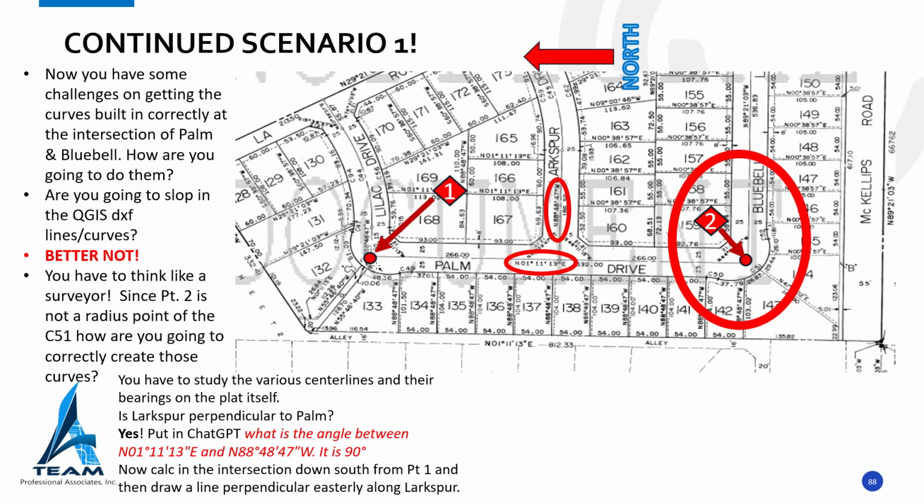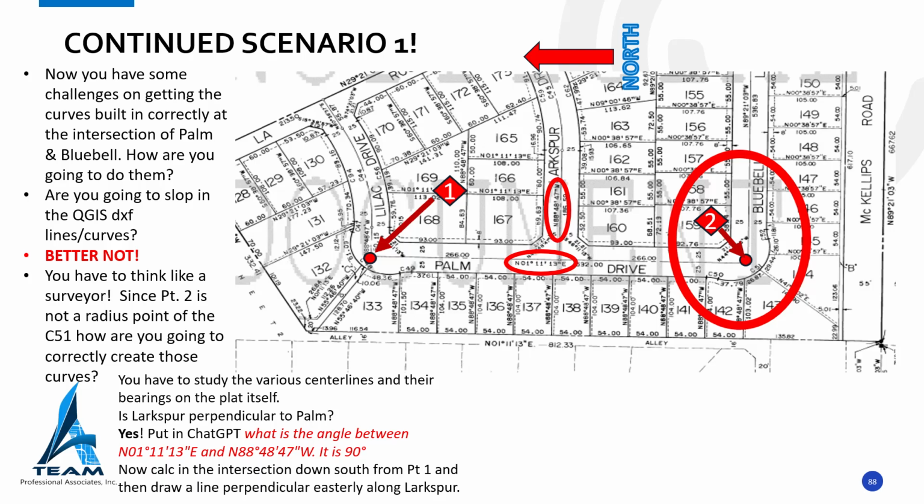Remember I said south is, where's the north? Well, it's right there. You're going to go from point 1 south the distance of 266.00 feet. You can do that by putting a circle here, and wherever it intersects, that's your point. Then you would draw a line perpendicular up that way. So that's how you would establish the center line of Larkspur.